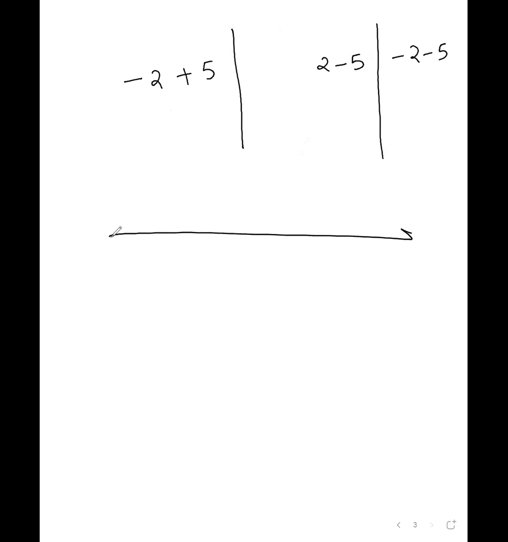Let's look at the number line. Minus 2 is, let's say, over here: minus 1, 0, 1, 2, 3. Now what is minus 2 plus 5?